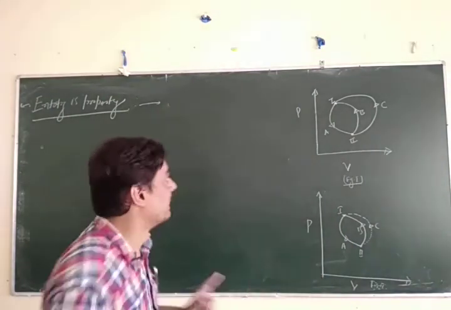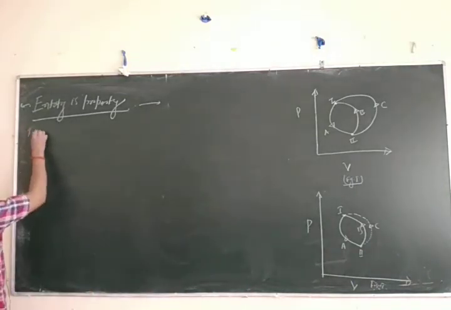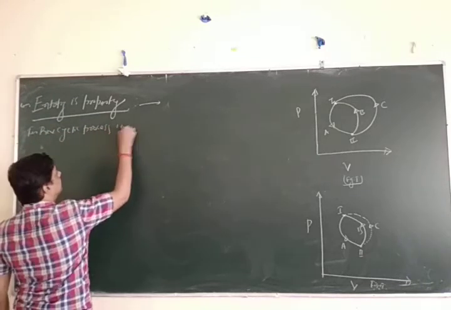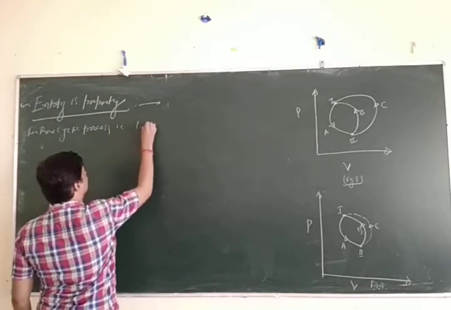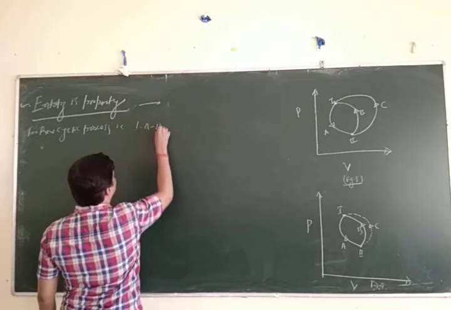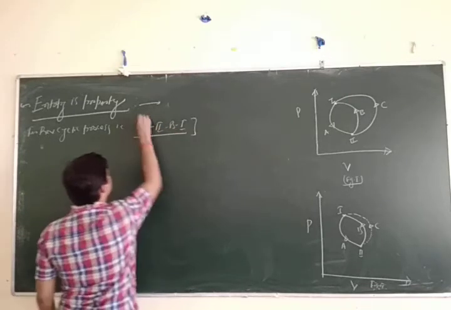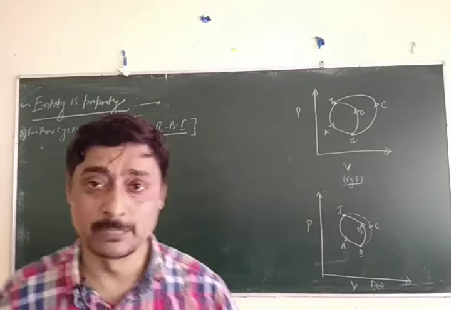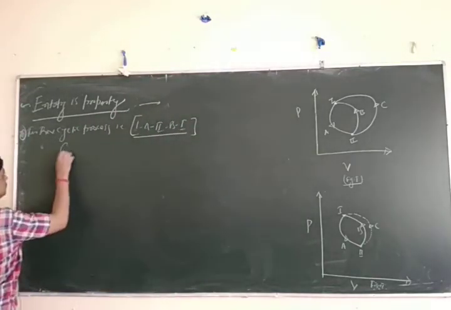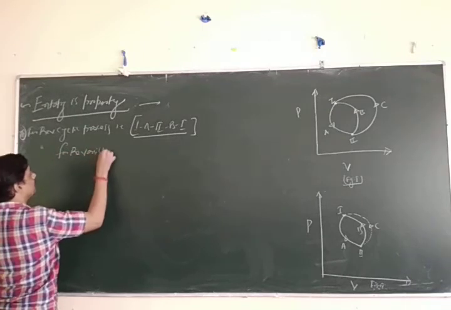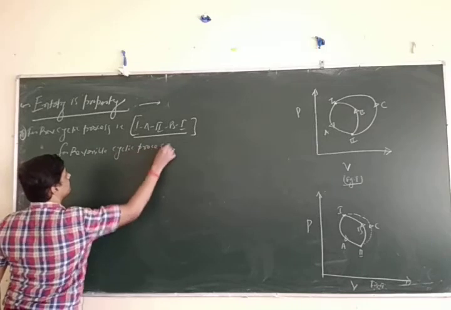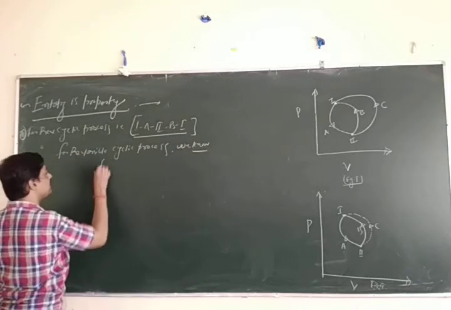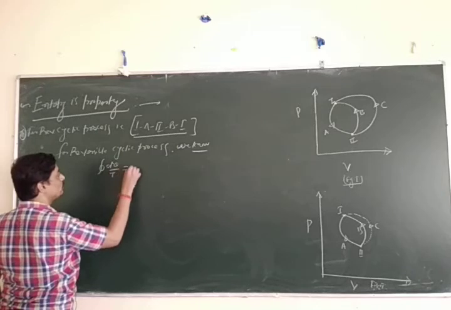In this figure, let us suppose we take the reversible cyclic process 1A2B1. We know that for a reversible cyclic process, the cyclic integral of dQ by T is equal to 0.